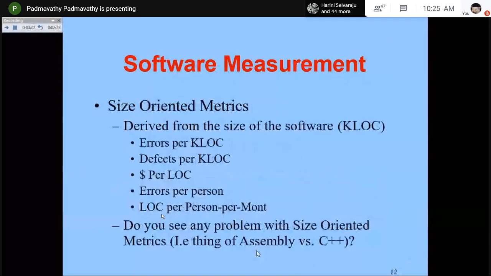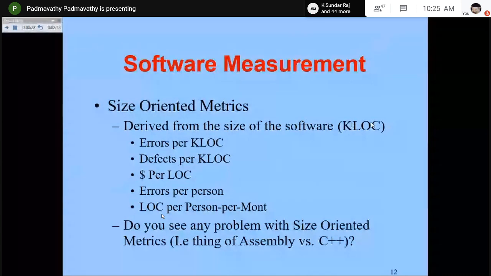So some of the metrics, as I told you, are like kg, length, meters. So these are metrics, right? Similarly in software, what are the metrics? You'll be wondering, are we going to say in liters or kg? No, it is measured in terms of something known as KLOC. KLOC means lines of code per thousand, or 1,000 lines of code.